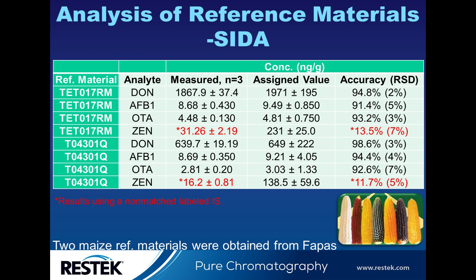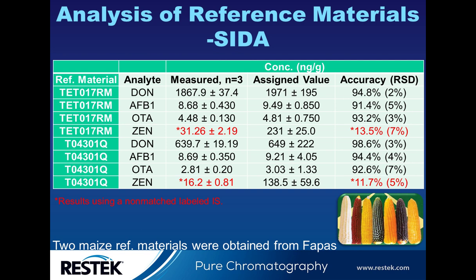And now we are doing some reference material. I bought 2 different types of reference materials from FAPAS, with 4 different mycotoxins listed in them. As you can see, deoxynivalenol, aflatoxin B1, ochratoxin A, and zearalenone.